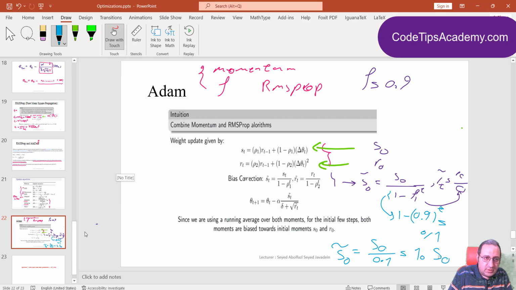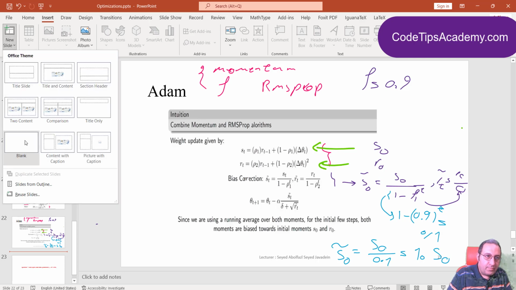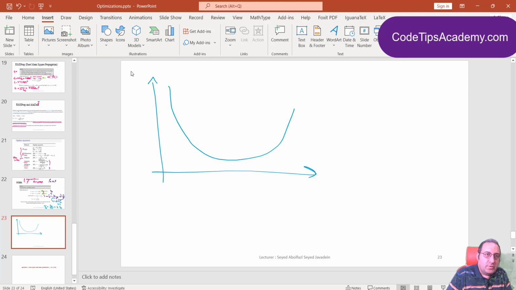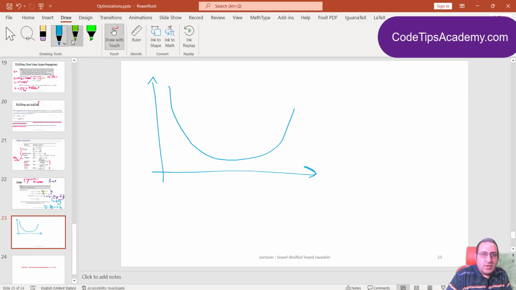For example, if we have our loss function, at the first step S1 tilde is 10-fold S1, and this means that we have very long steps to reach the global minimum.